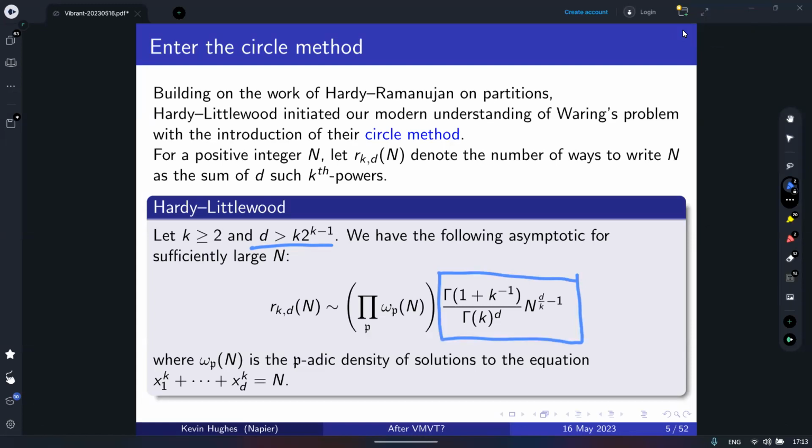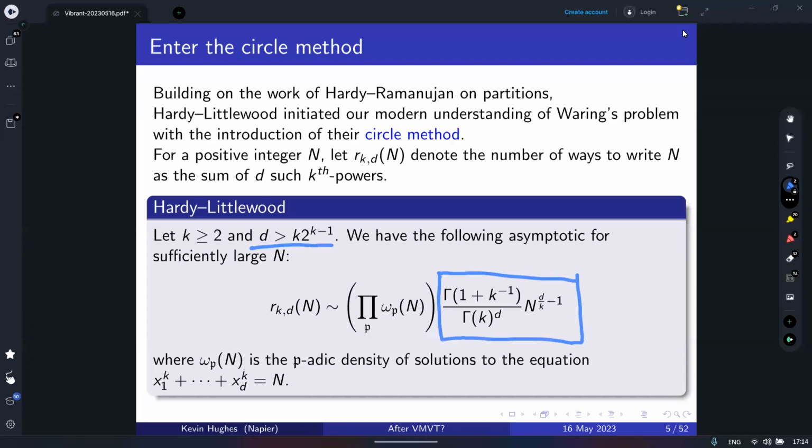So if I want to represent a billion as a sum of squares, say it's 6 squares, then it's going to be roughly a billion squared times this Archimedean factor, this gamma function factor, which is quite explicit. Altogether, those two things combined are really just the volume of a certain sphere, the real volume of a certain sphere.